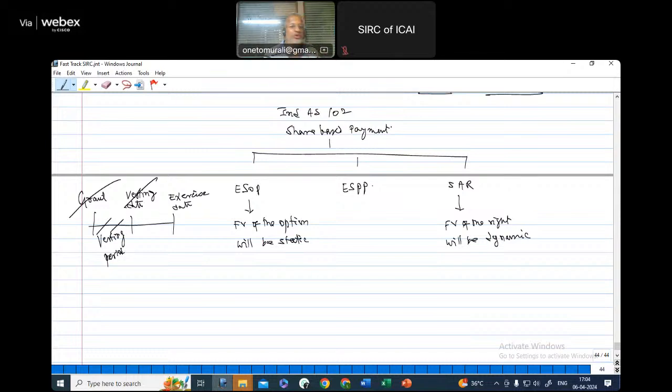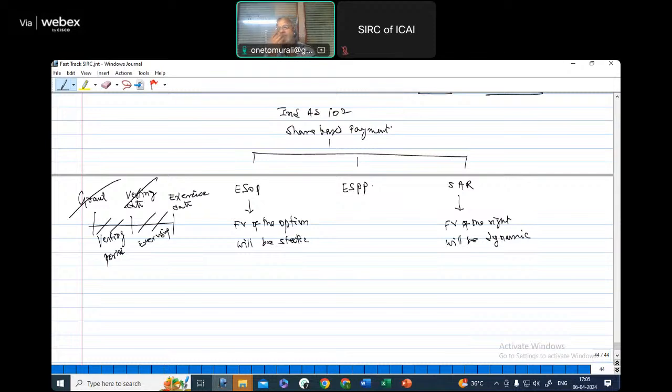So we are expected to amortize the concession offered by the employer over the vesting period, whereas in the exercise period, no amortization is expected.